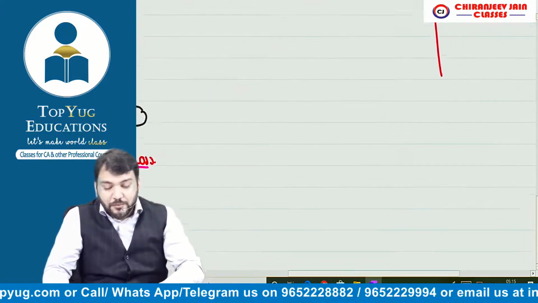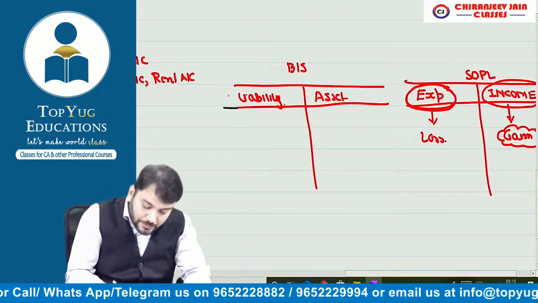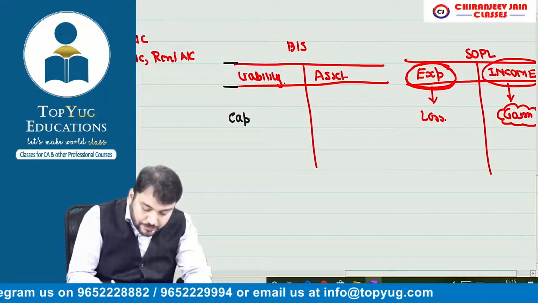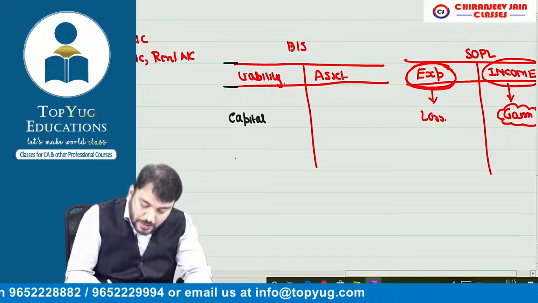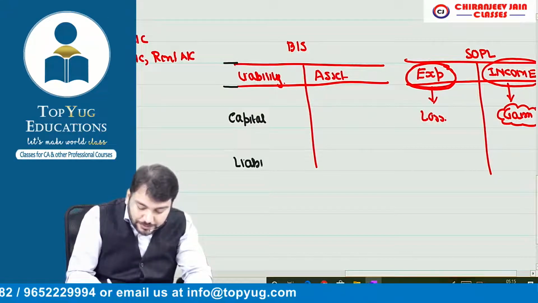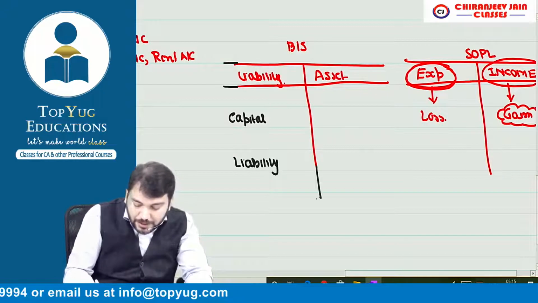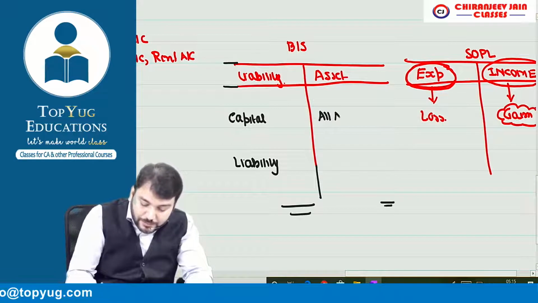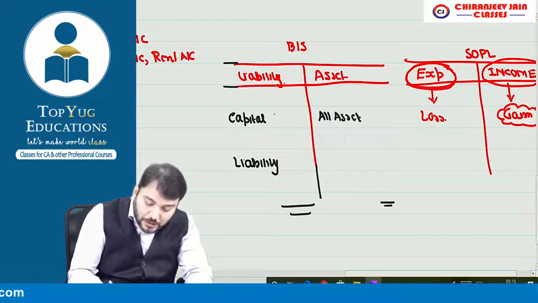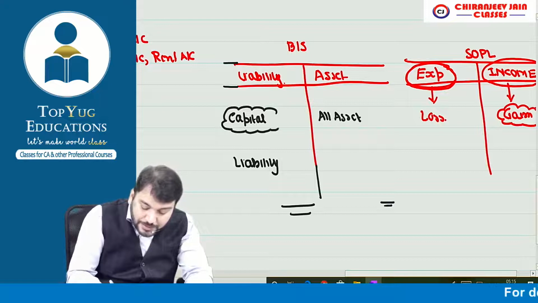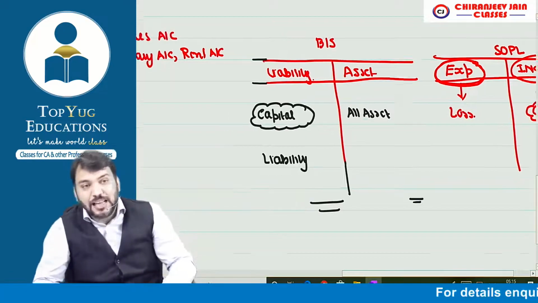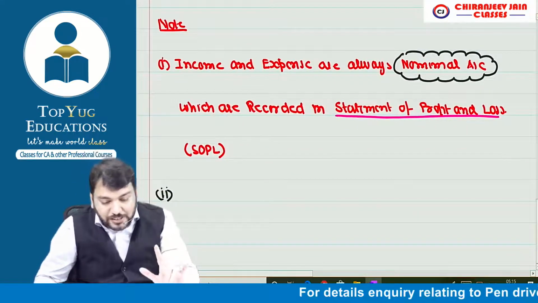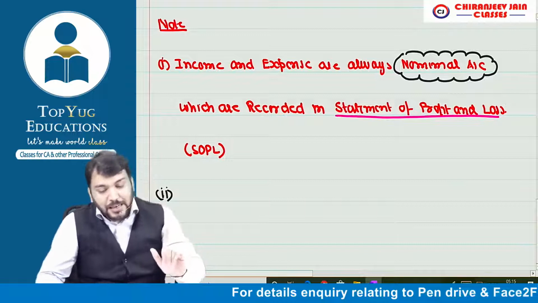Now point number two. When I say liability, in liability we write down capital and liabilities. Correct? You write like this, and here you write all assets. So tell me, capital is which account?